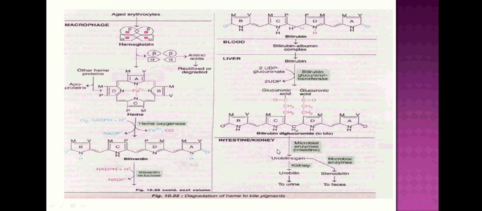Here the microbial enzyme converts it to urobilinogen, then urobilinogen is converted to urobilin, which is the excreted form in urine, and the microbial enzyme also converts urobilinogen to stercobilin. This stercobilin is excreted through feces. These two pigments give color to the urine and feces.